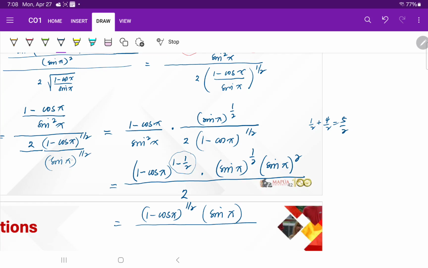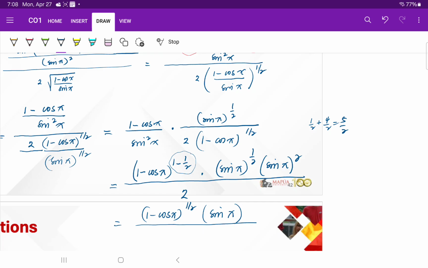So 1 minus cosine x to the 1/2 is right, times sine square.